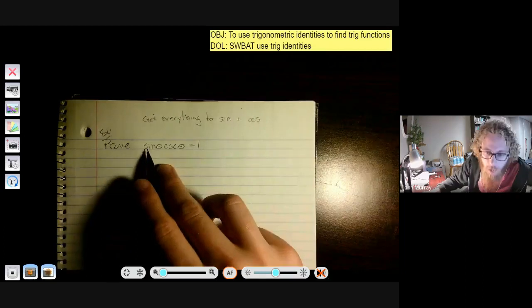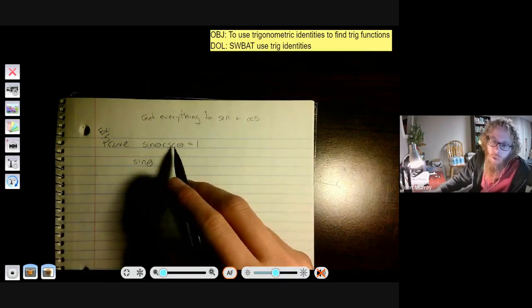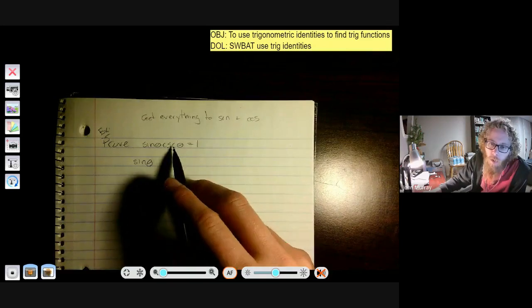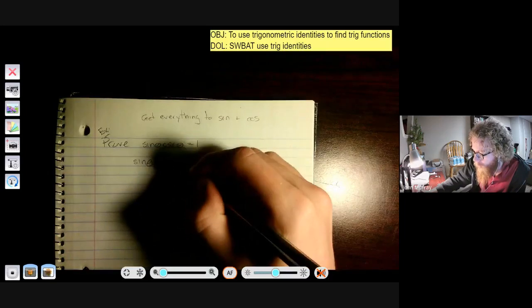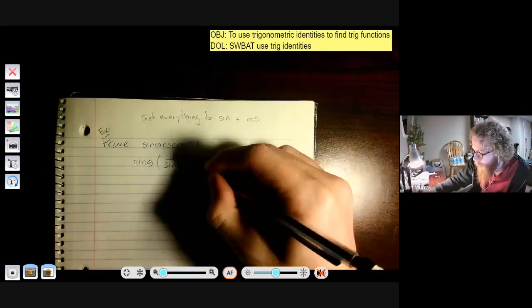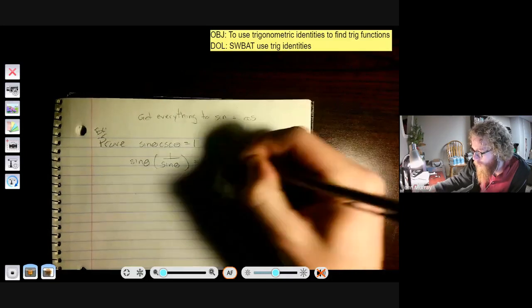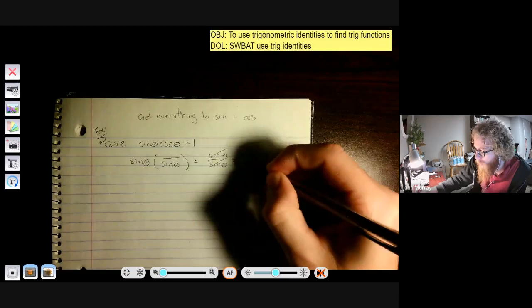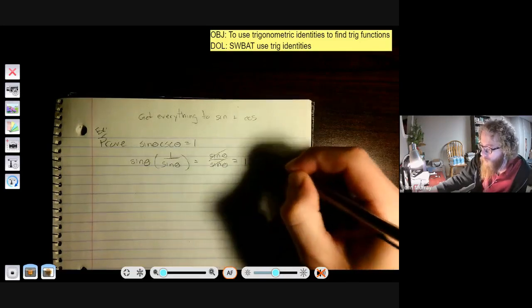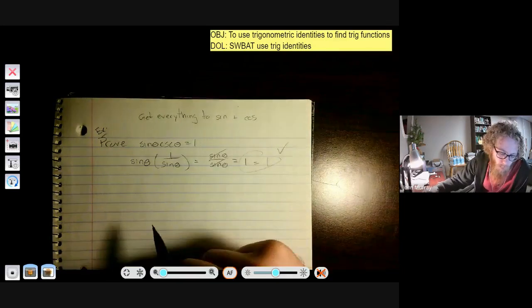So this sine is going to stay sine. And we know the reciprocal rule, that cosecant I can replace with 1 over sine. So if I multiply these, I get sine over sine, and they eliminate each other, and we get 1 equals 1. So that's what we're looking for.